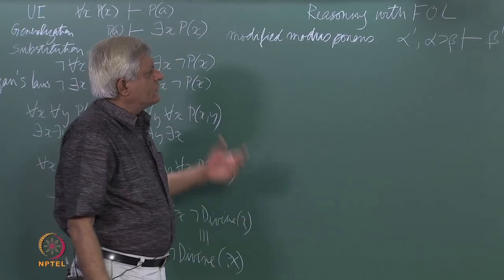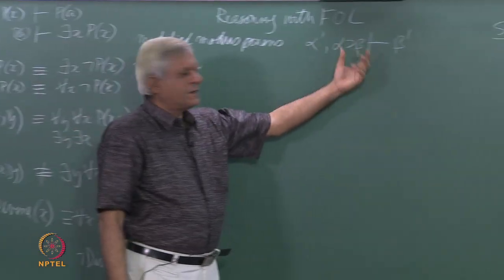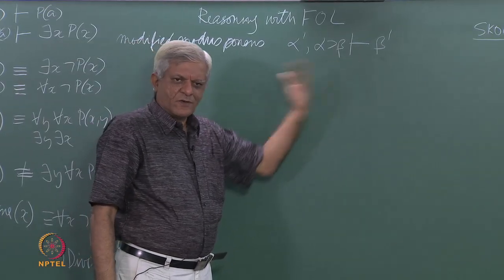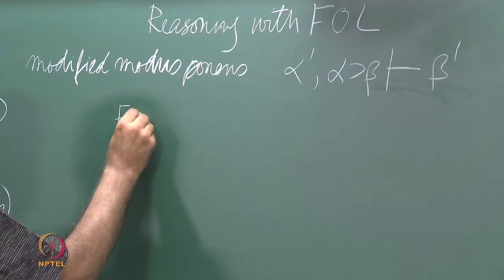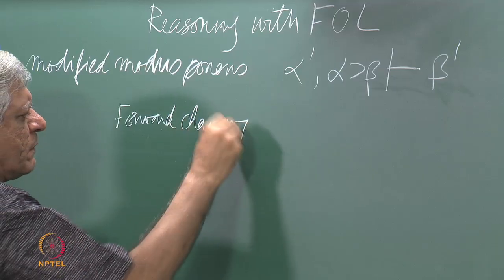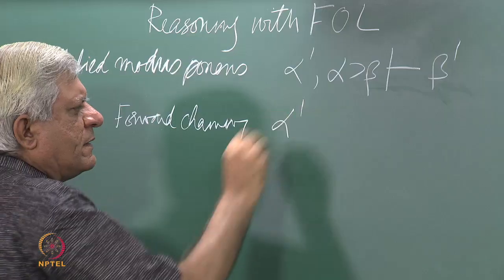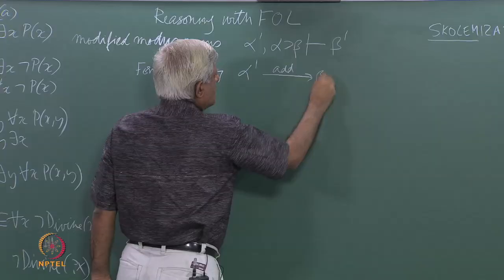And if you move from alpha prime to beta prime, the process is called forward chaining. So, in forward chaining, you have alpha prime and then you can add beta prime.